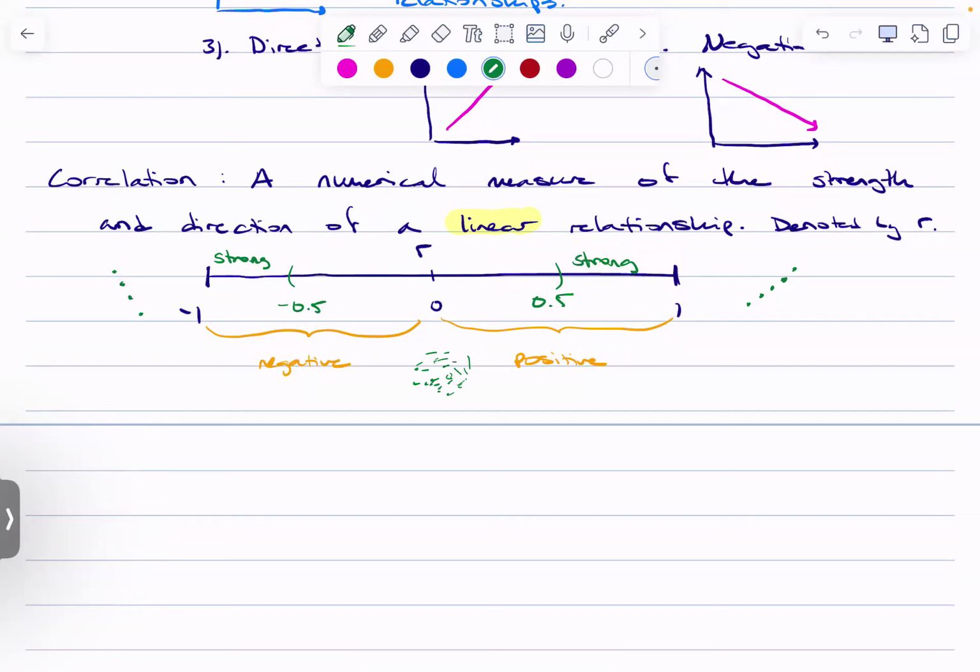A negative 1 would be just on a perfect line, which makes this stretch all weak, negative 0.5 to positive 0.5. It doesn't really matter if it's positive or negative, but we'll have these values so that we can kind of look at them.